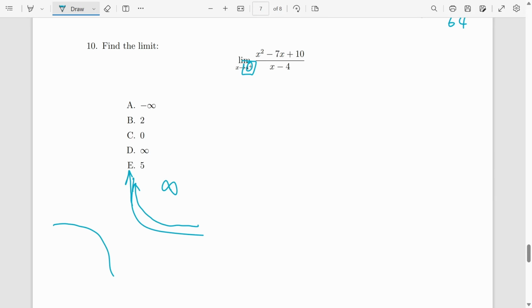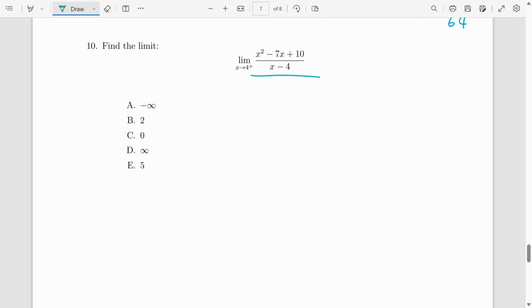If x approached from the left side, it looks like it's approaching negative infinity instead. So that's just what one-sided limits mean, limits that approach from the left or the right side. So, all right, figuring out this problem now.